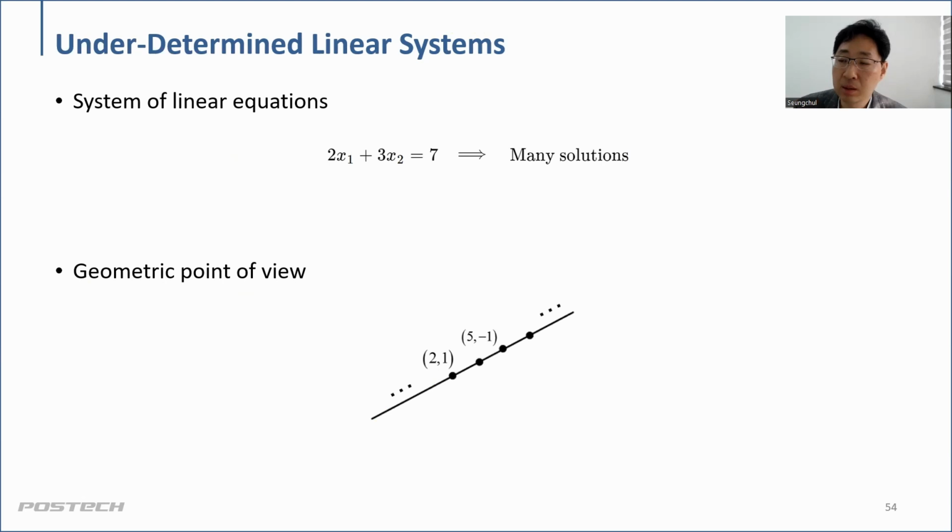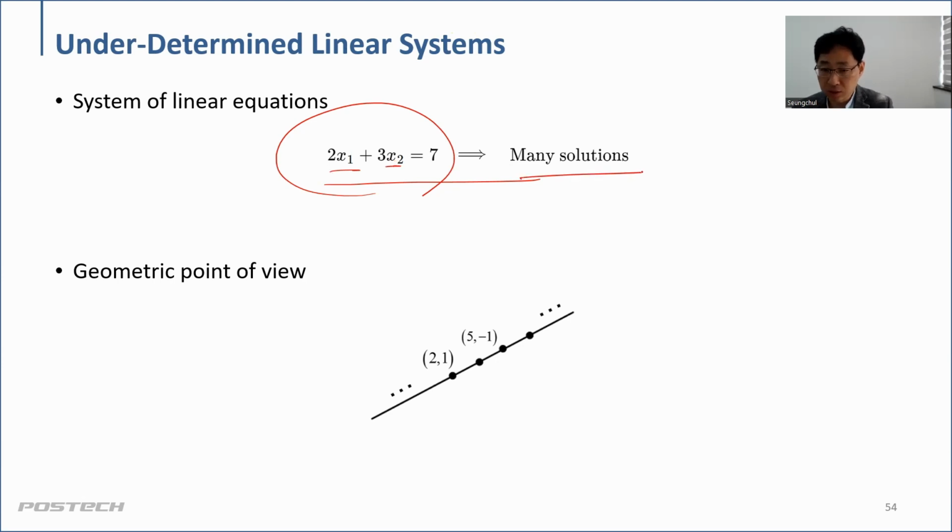But here, in underdetermined linear systems, as you can see, this is one of the examples that I provide here. The number of unknowns is larger than the number of constraints or equations. So in that case, we know there are many solutions that satisfy this.